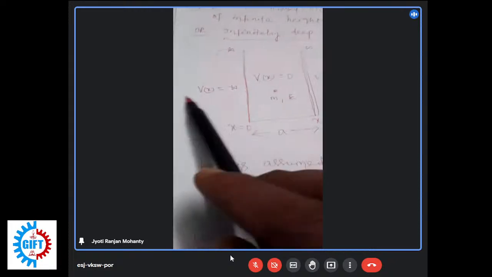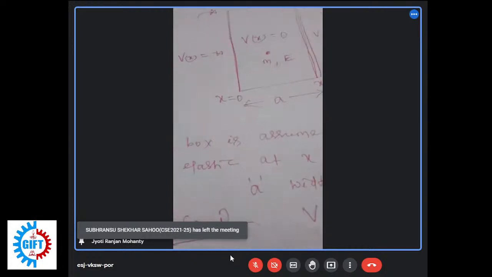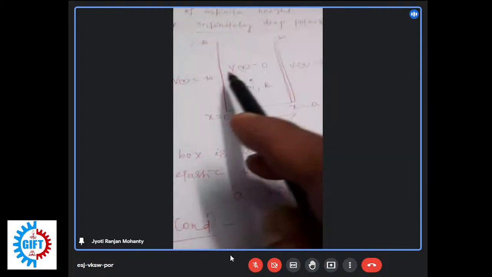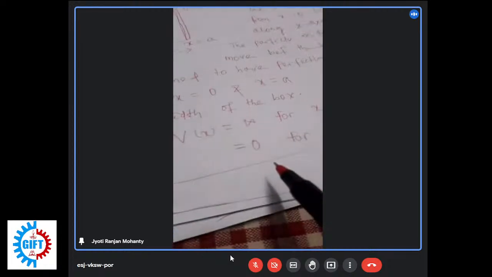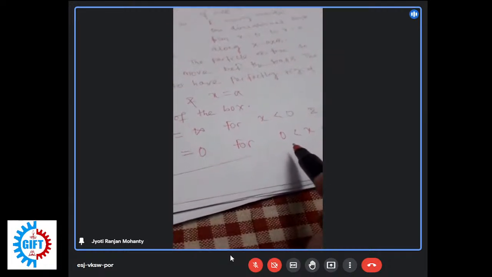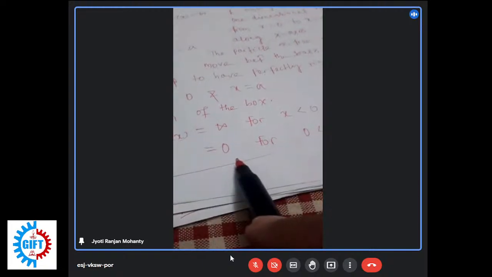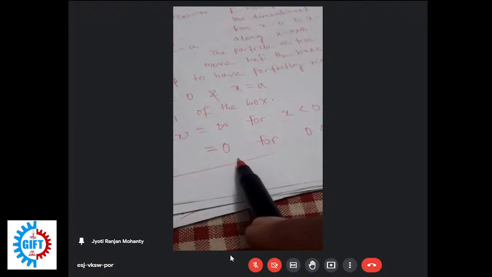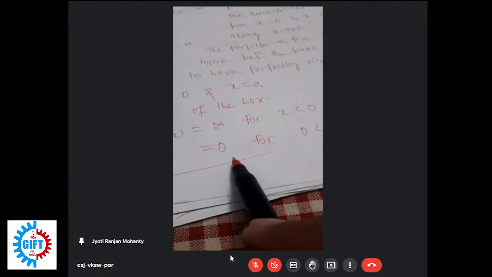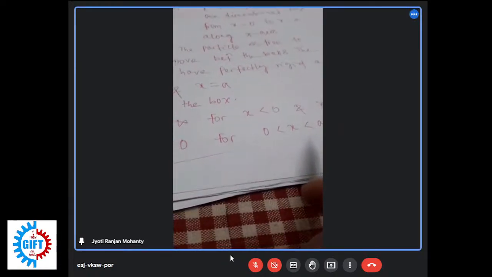Outside the wall, the potential is equal to infinity. But inside the box, the potential is equal to 0 for 0 less than x less than a. So this is known as region 1, and this is known as region 2. Understood? Yes, sir. V of x is equal to 0 for 0 less than x less than a.